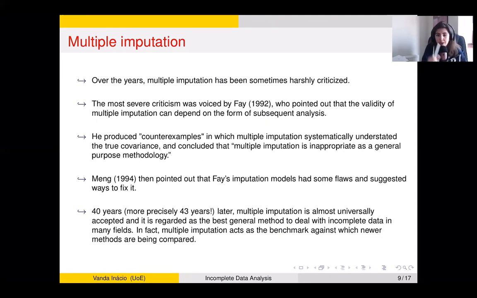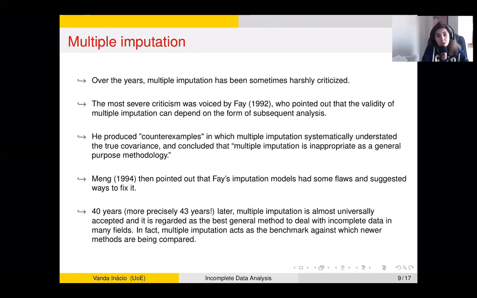He produced some "counterexamples", in quotation marks because in fact they had some flaws, in which multiple imputation systematically understated the true covariance. So basically the same problem that we would have with a single imputation method. And he concluded that multiple imputation is inappropriate as a general purpose methodology.